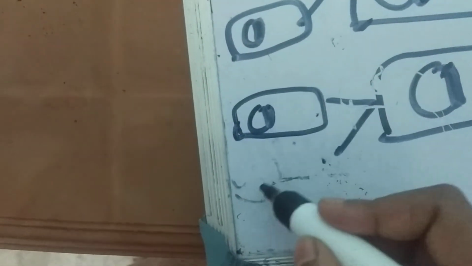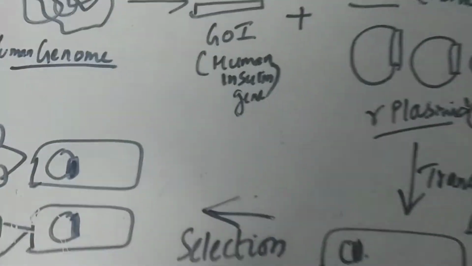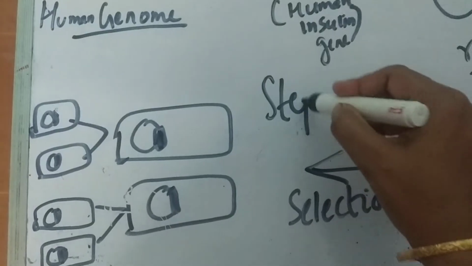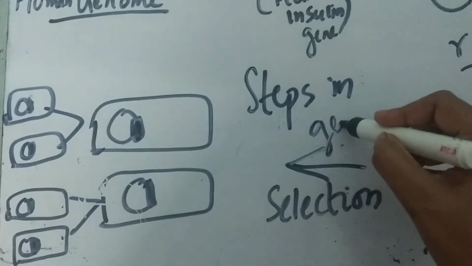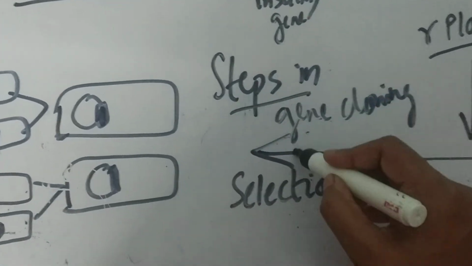And whenever these cells divide, even their daughter cells will have the gene of interest. So these are the steps in gene cloning. These are very important, the basic procedure for gene cloning.